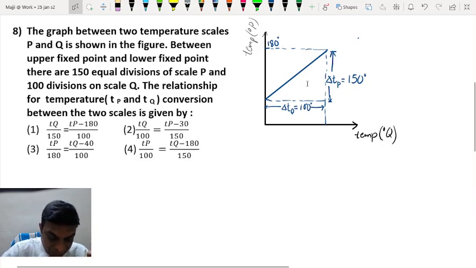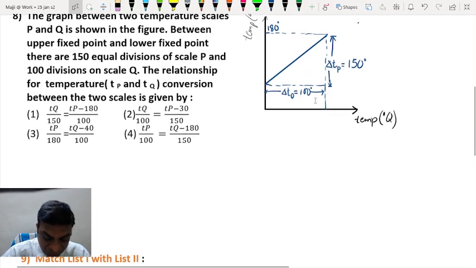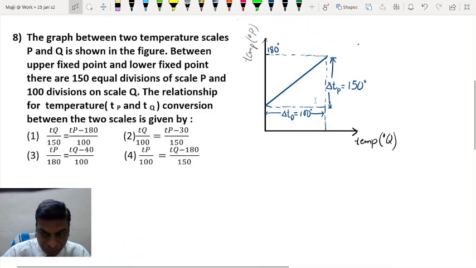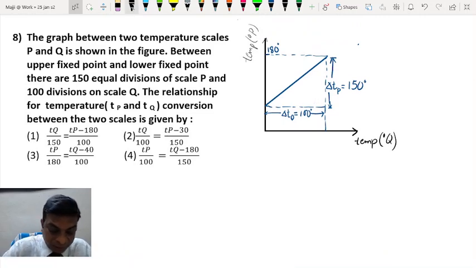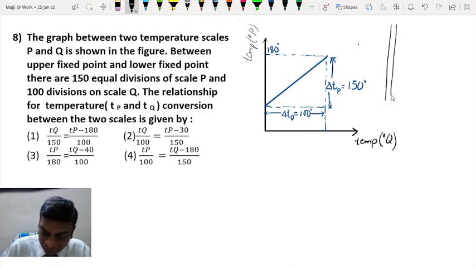Now we have to establish a relation between temperature of scale Q and temperature of scale P. Here you have to understand one simple thing, students. Suppose this is a temperature scale, let us say a mercury thermometer.